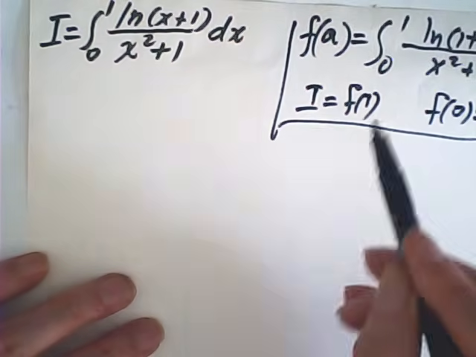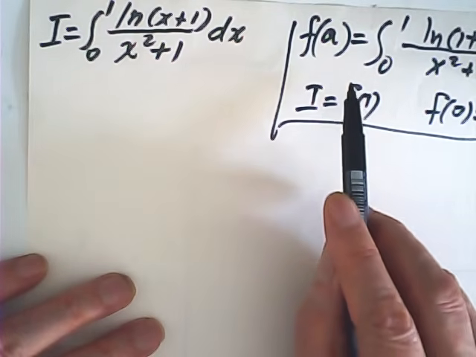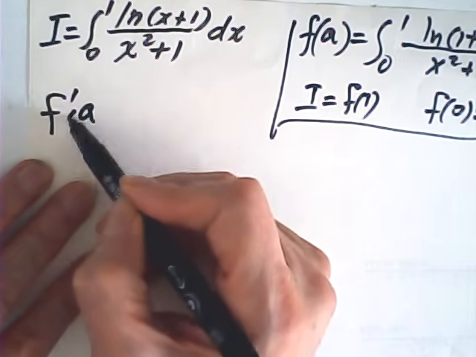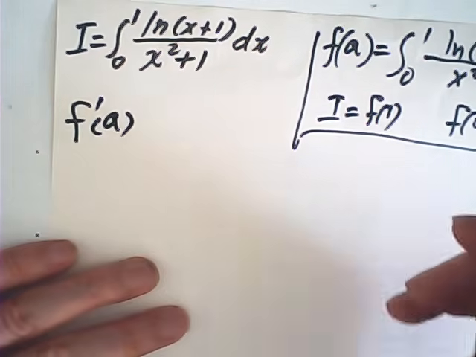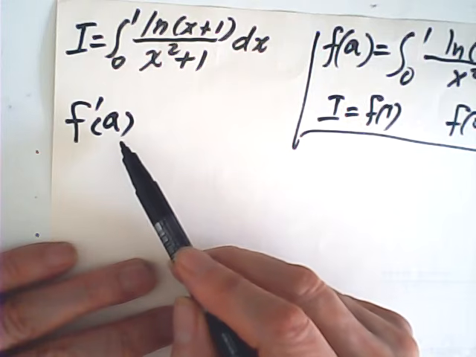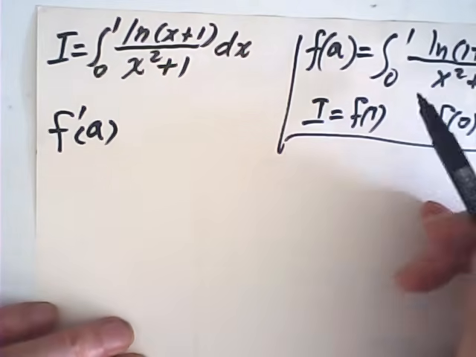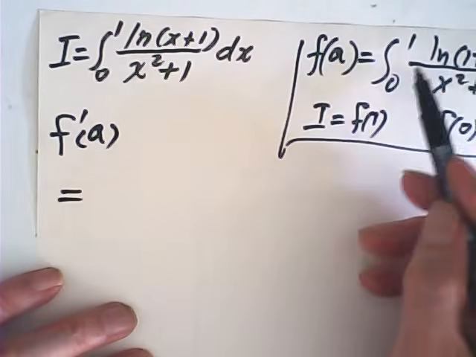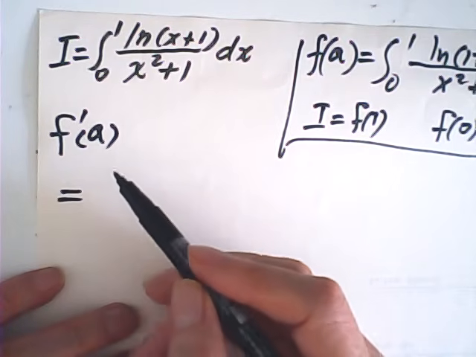Then the derivative of f with respect to a, the partial derivative, is equal to the partial derivative of that integral function.